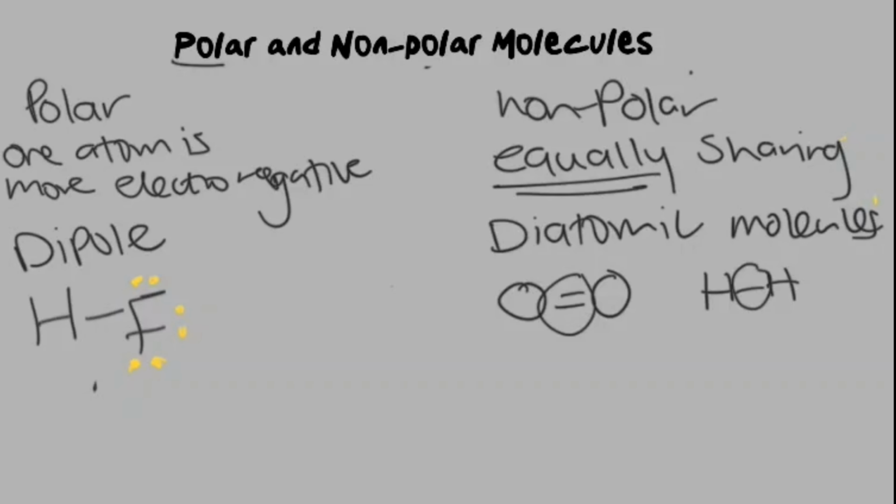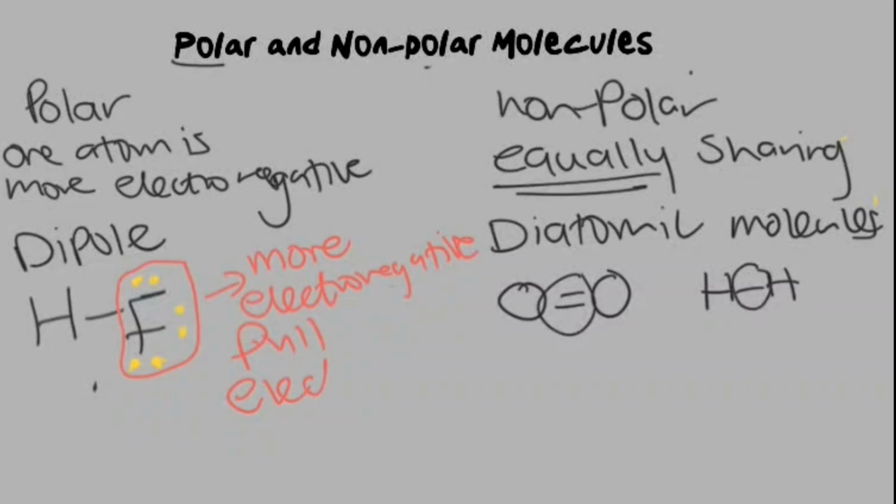So what this would mean is that this part of the HF molecule, because fluorine is more electronegative, will pull the electrons close to it, right?